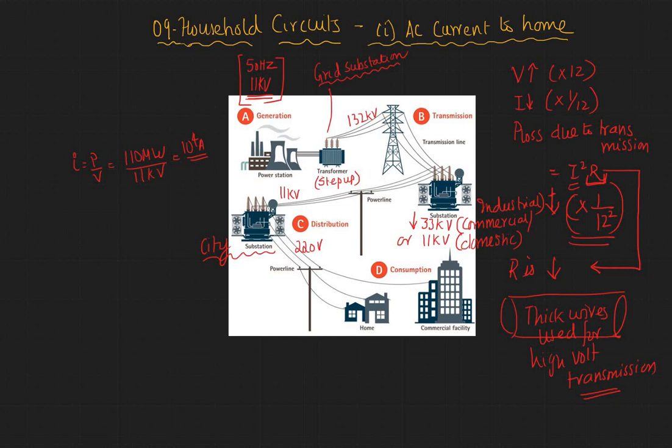So here's a summary of what happens. Your generation is at 11 kilovolt. Your grid substation is 132 kilovolt, and then your main substation, also called the intermediate substation, brings it down to about 33 or 11 kilovolt.